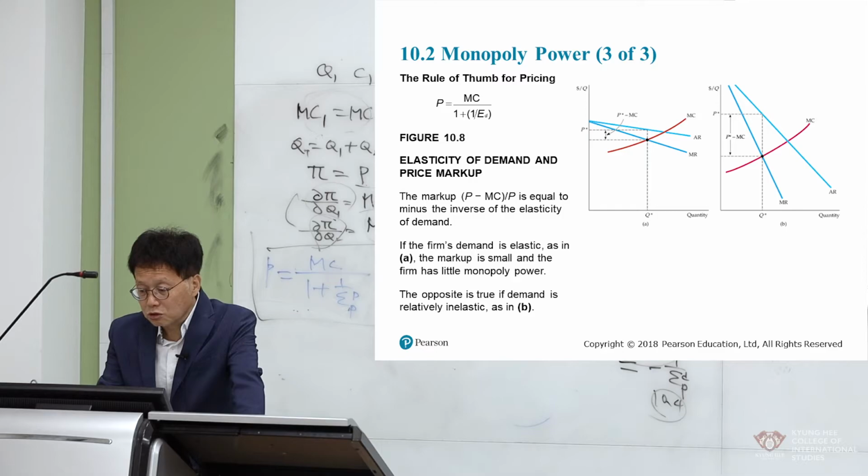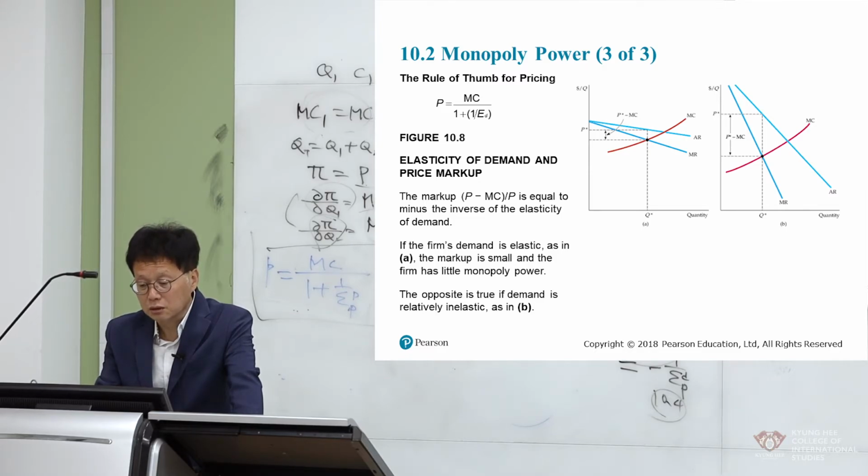When Q equals Q star, price is P star. Marginal cost is equal to marginal revenue here. So P star minus marginal cost is measured by the gap between these two.